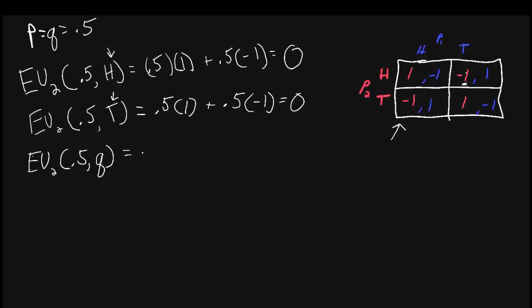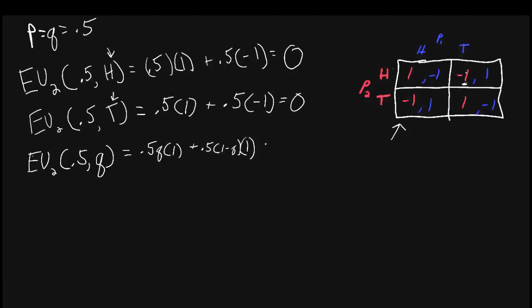Okay, we can write this out. So it's 0.5 times Q. This is them both playing heads. So 0.5 times Q proportion of the time, player 2 will earn 1, plus 0.5 times 1 minus Q. This is player 1 playing tails and player 2 playing tails, because 1 minus Q percent of the time, player 2 will play tails.